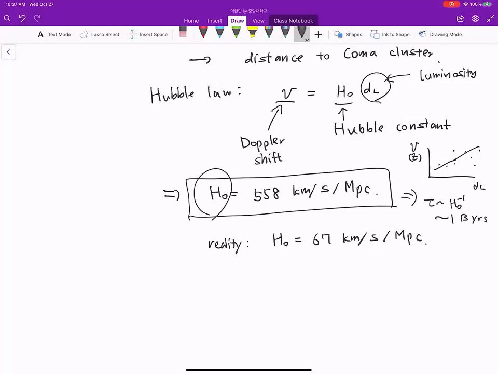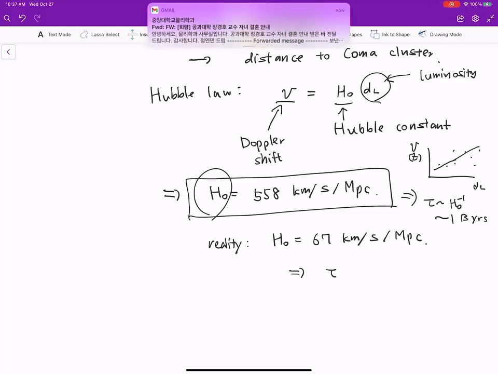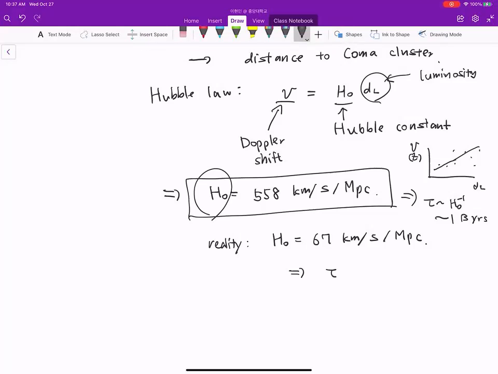But the reality, from the true Hubble constant, the age of the universe, sorry, the universe will live forever, but the age of the universe is currently 13.8 billion years.